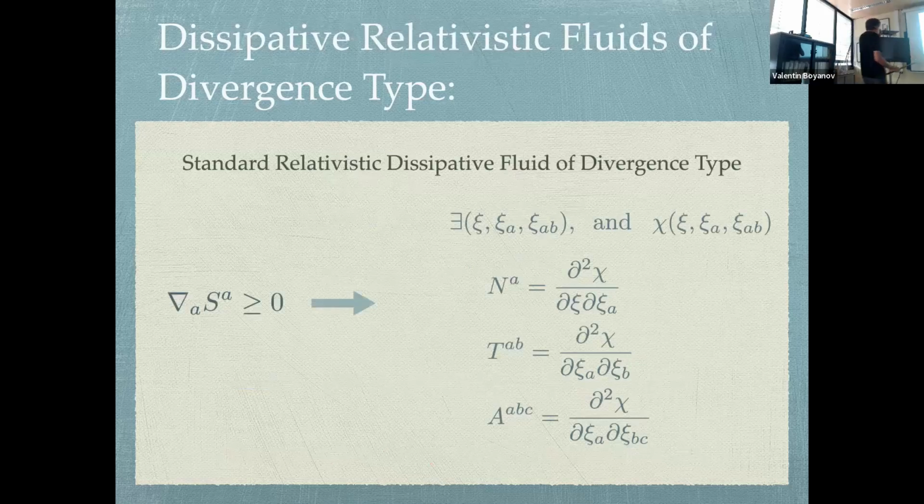So if you want to have an entropy law, then you find out that to have this, you need N, you need to have a function here of these three values. These are sort of internal values, no? So that they appear as Lagrange multipliers, so that N, T, and A, B, C are derivatives, second derivatives of a function.